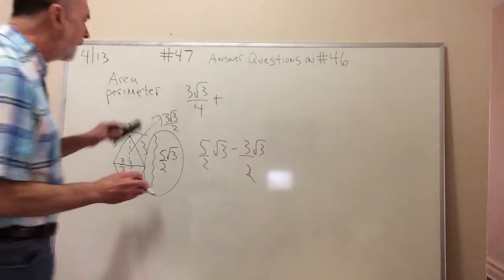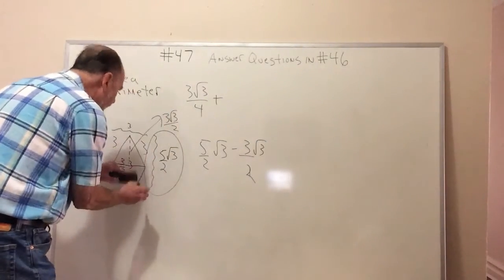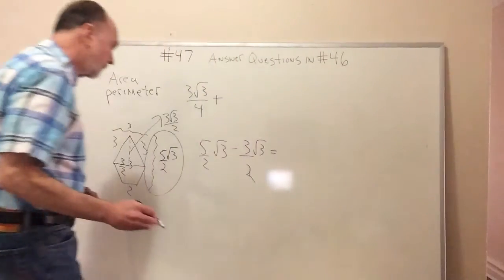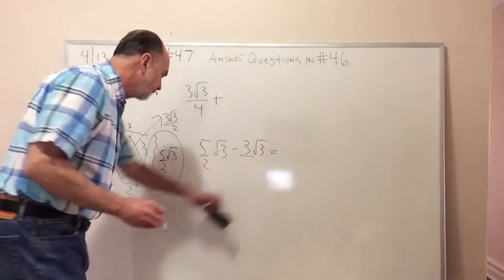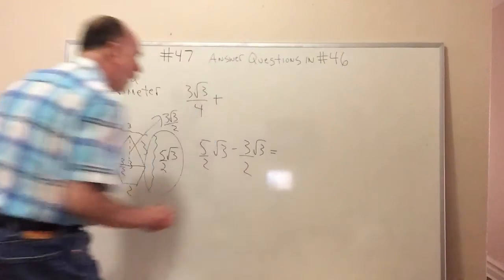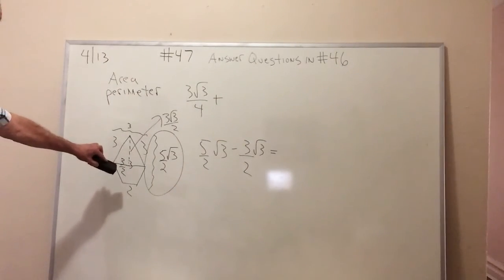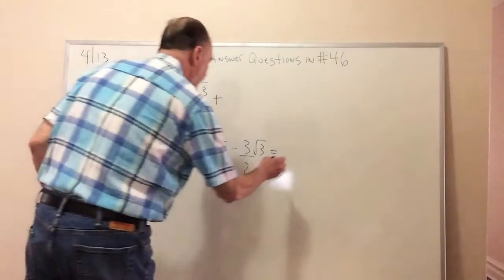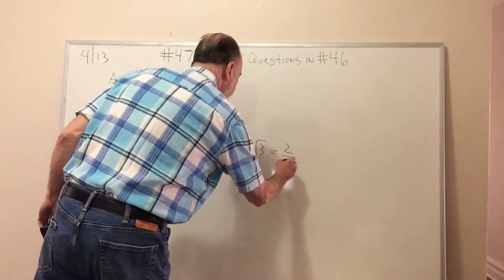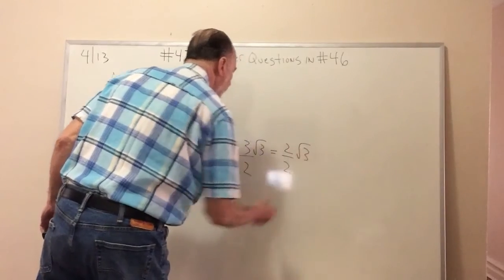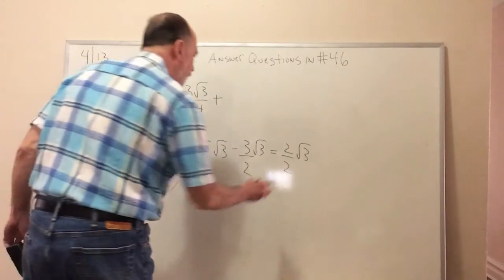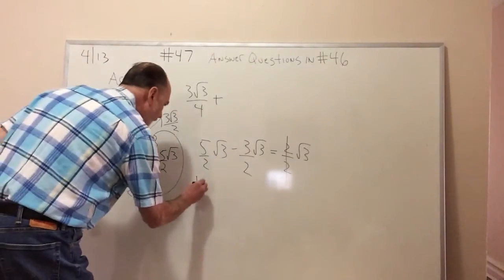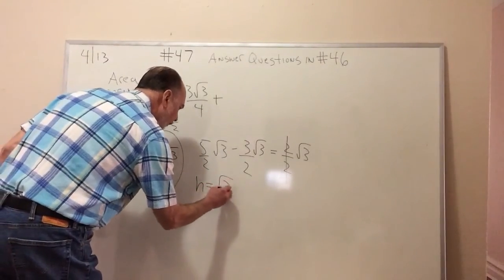So now, when I subtract the partial length from the whole length, I end up getting 2 radical 3 over 2. And the 2's cancel, so the height of this trapezoid is radical 3.